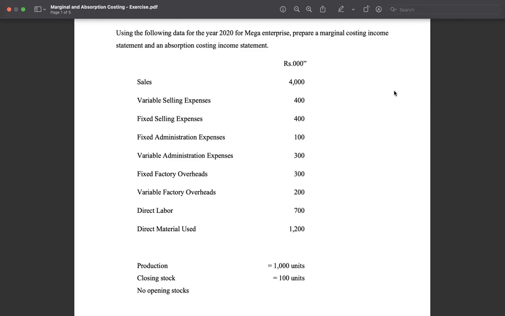Then we deduct all the other expenses like administration, finance, selling and distribution expenses, and find the net profit. That is what we normally call an income statement.